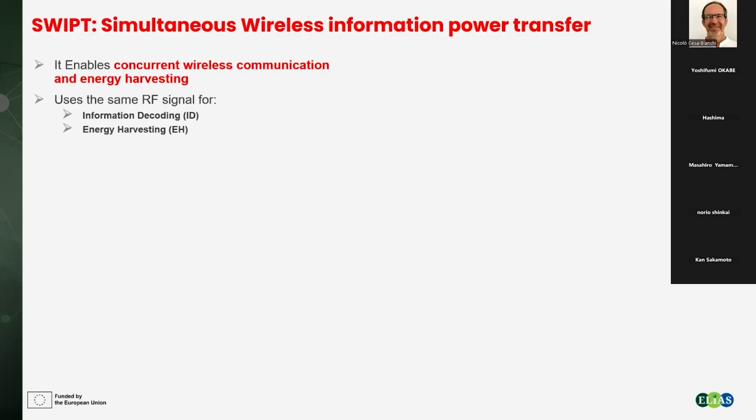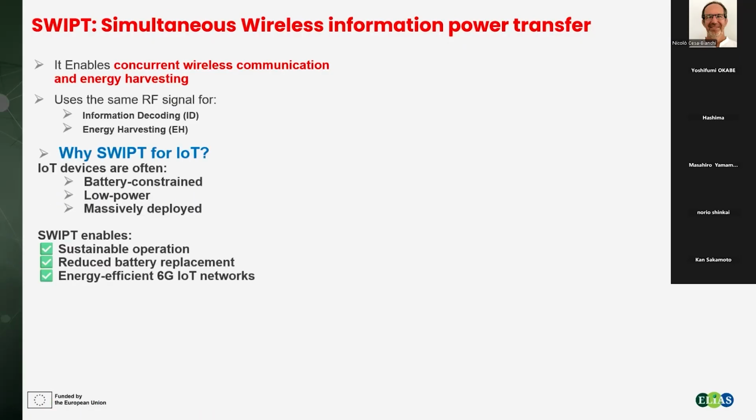We use the same radio frequency for information decoding and harvesting. It's important for IoT devices because they are battery constrained, low power, and massively deployed. SWIPT will ensure sustainable operation, reduce battery replacement for these IoT devices, and enable energy-efficient 6G for IoT networks.